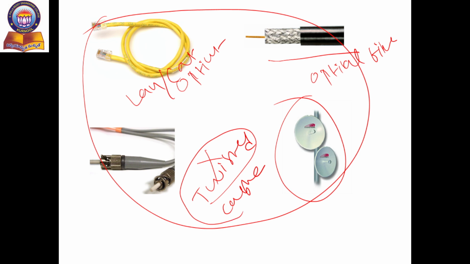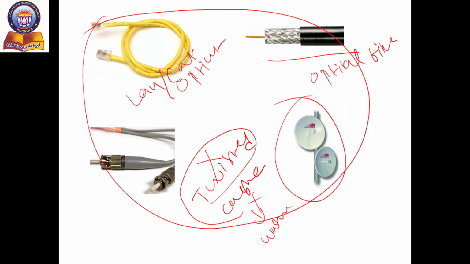When you use this cable for a long time, the copper wires will automatically degrade, so it stops or slows down the transmission. That's why we are not using this type of twisted pair cable at this moment.